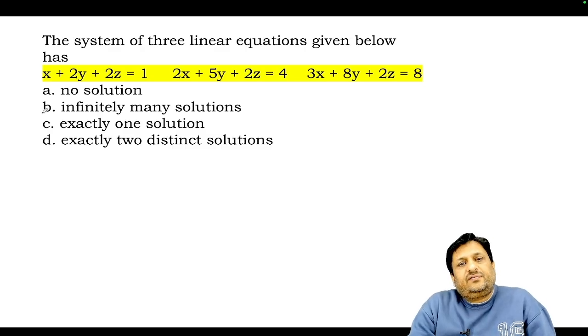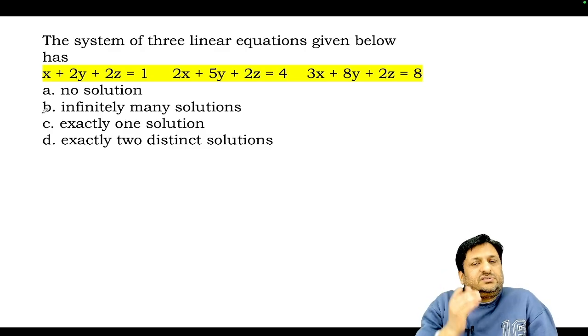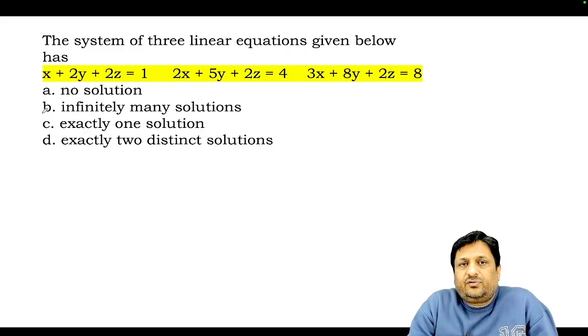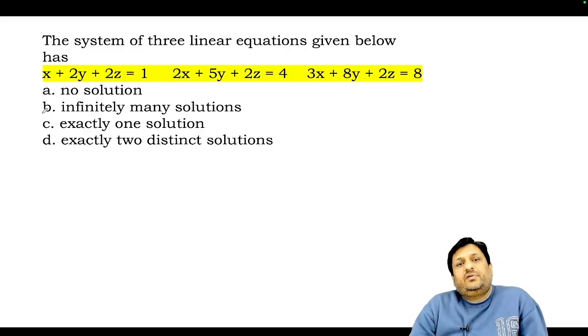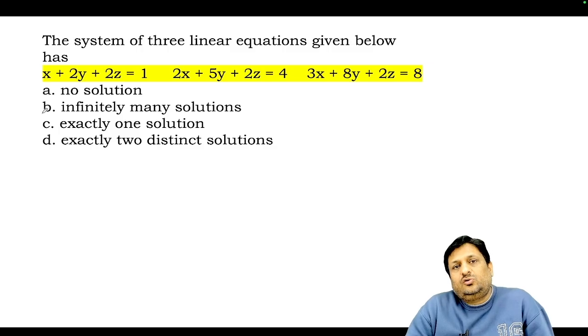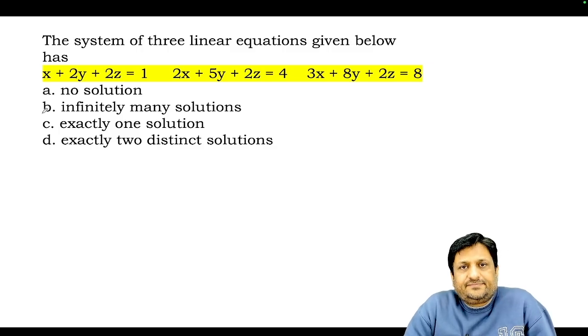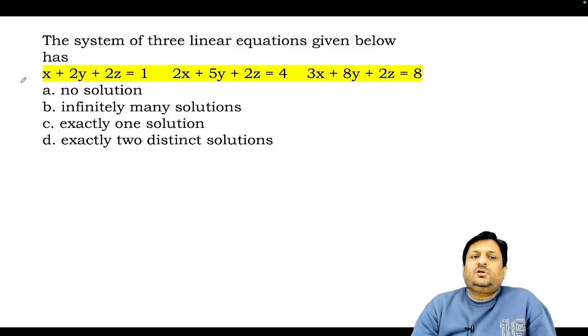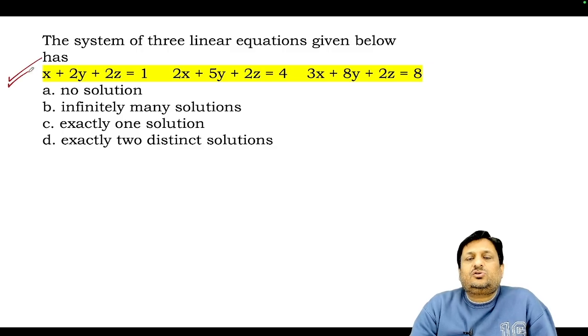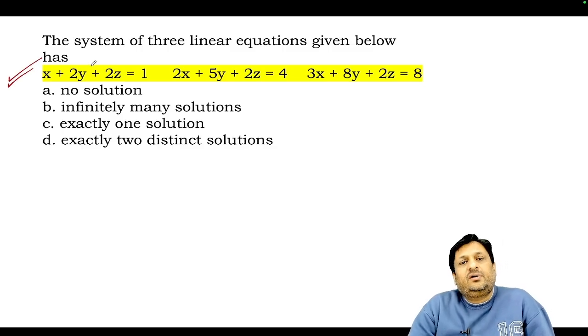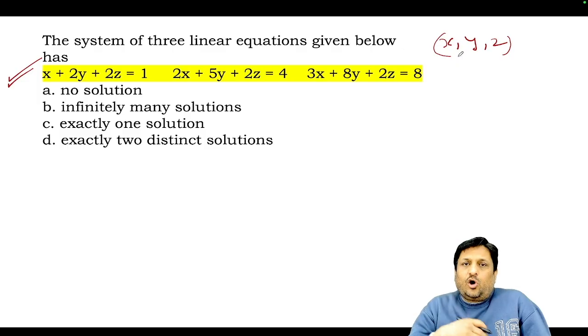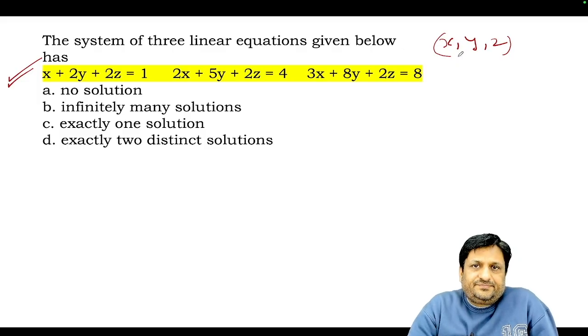Now, what if there are three variables and three equations given to you? We need to find the nature of the solution of these three equations. So what do you mean by solution of these three equations? Solution of these three equations means the set of x, y and z which will satisfy all the three given equations.